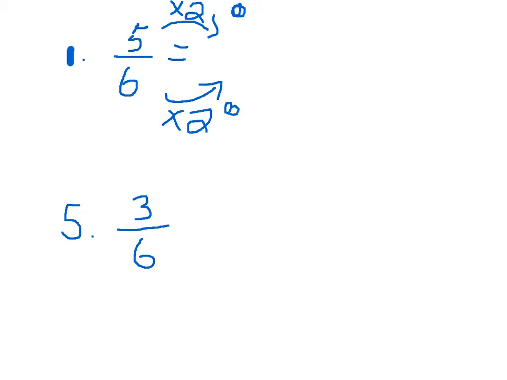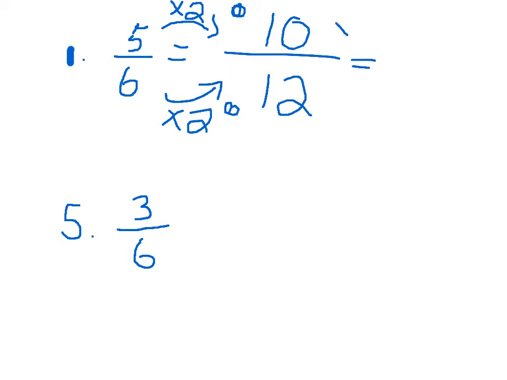Okay? So 5 times 2, that is 10, and 6 times 2, that is 12. Oh, so this is equivalent. 5/6 is the same thing as 10/12. Now, I need to give two equivalent fractions, so I need to do this again. I could multiply by anything, and just because it's easy, I'm going to multiply by 10.